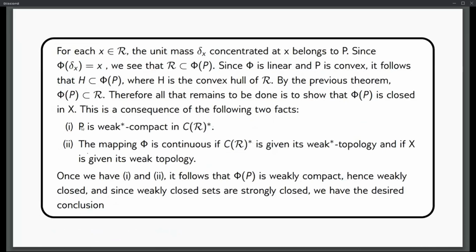Once we have these two results, it follows that phi of P is weakly compact, because it's the continuous image of a compact set. And because it's weakly compact, it's weakly closed. And weakly closed convex sets are strongly closed, which is the key fact, due to the Hausdorffness of the topological vector spaces, which is always nice. Then we get our desired conclusion.